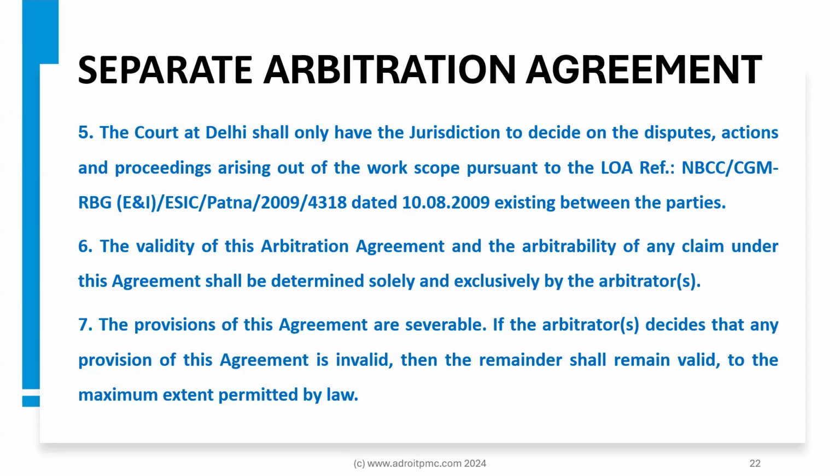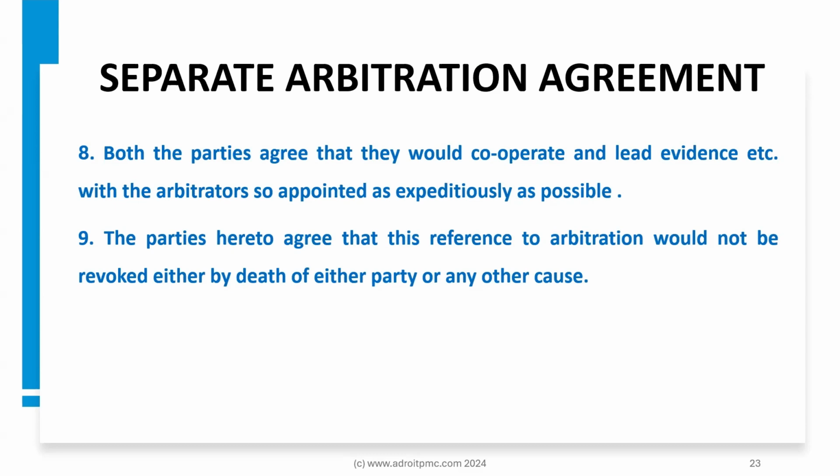The provisions of this arbitration agreement are severable. If the arbitrators decide that any of the provisions in this agreement is invalid, then the remainder will be valid to the maximum extent permitted by law. So the severability clause is being mentioned in this agreement.